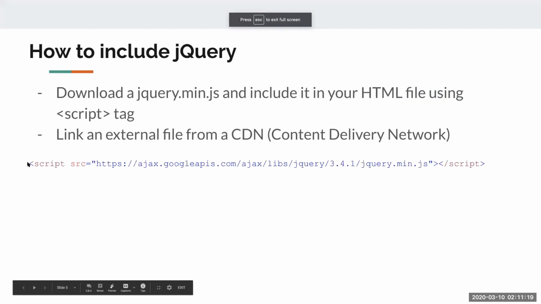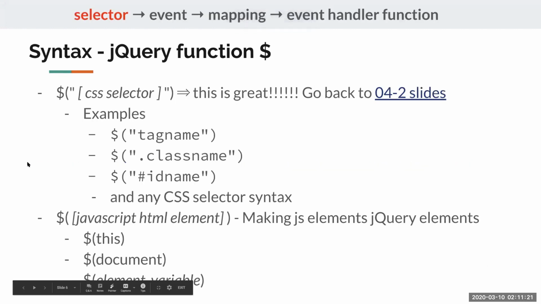So you want to include it. For the basic syntax, we will first think about the selector. How you select an HTML element in jQuery is one of the reasons why you want to use jQuery. It's exactly the same as the CSS selector that you learned. So we always use this $ sign function.